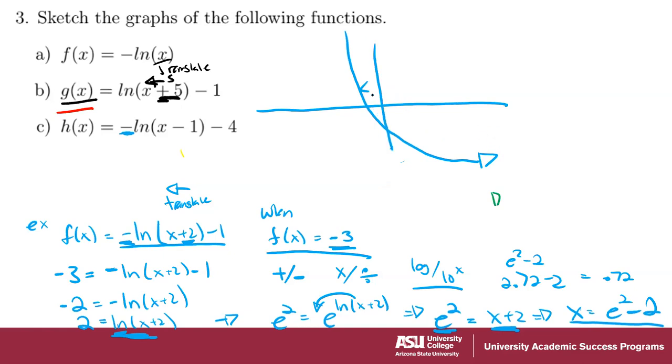And if we moved it 2 units to the left, it was crossing at 1, 0. So now we're crossing at -1, 0. And then we finally have this -1. That also translates, and since this is outside, the negative means we go down. So we're shifting this one down 1, to 2, -1.